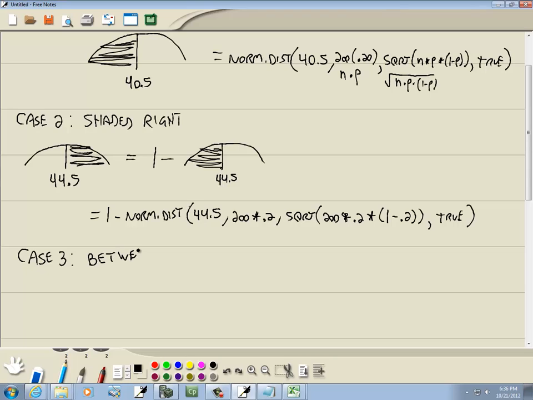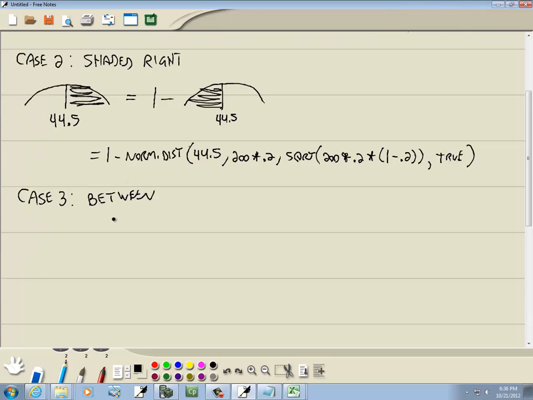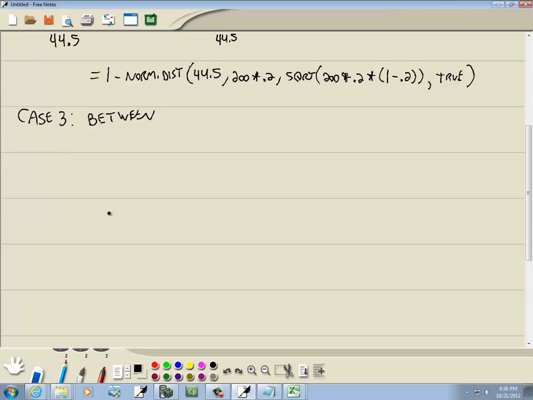Now this is the between case. And it'll be one of these three cases once you get done doing your 0.5 correction. Let's see. I'll make up 40 to, well, actually maybe 40.5 to 44.5 or something like that.